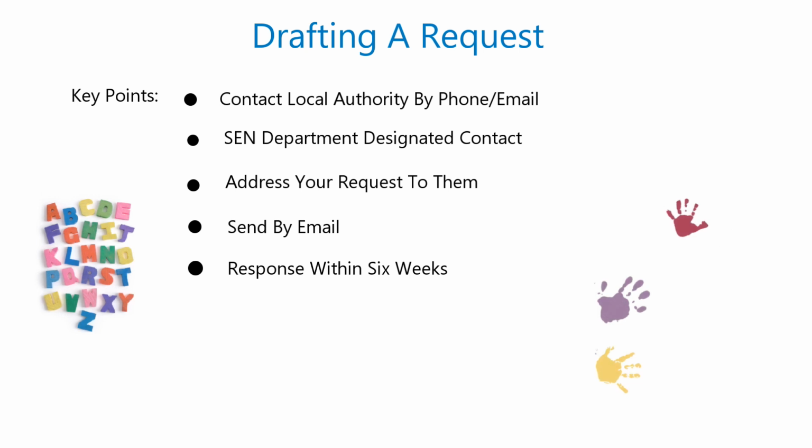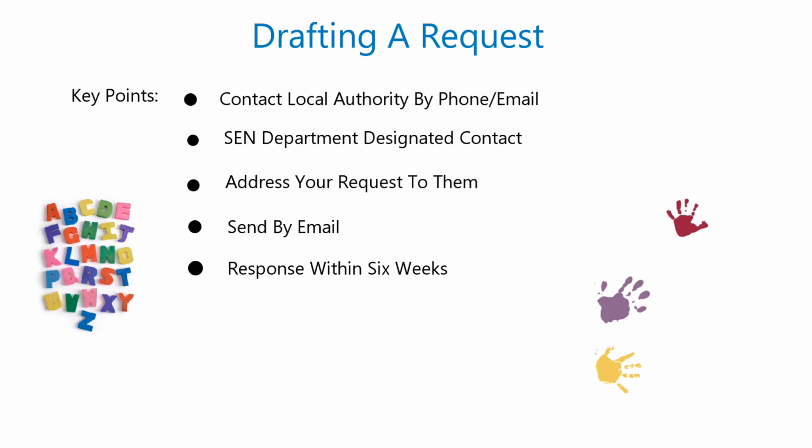Right, so let's get on and try and draft it. What are the key things to do first of all? Well, number one, we need to find out where this has got to be sent. So you need to contact the local authority. You can do it online or give them a phone call and look for the details of the SEN department. There will be a designated contact in the SEN team that processes requests for EHC needs assessment.